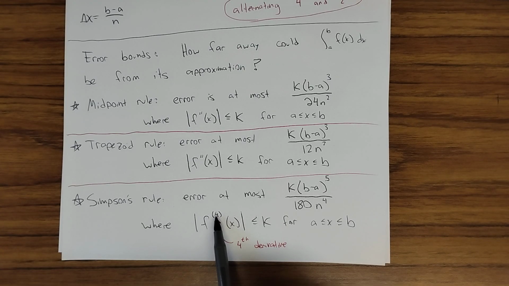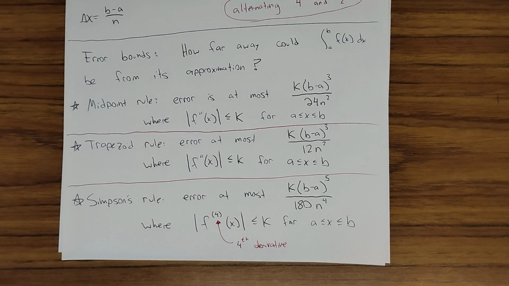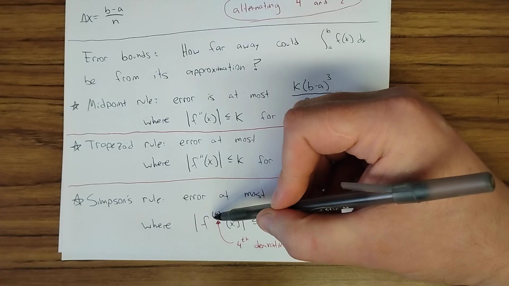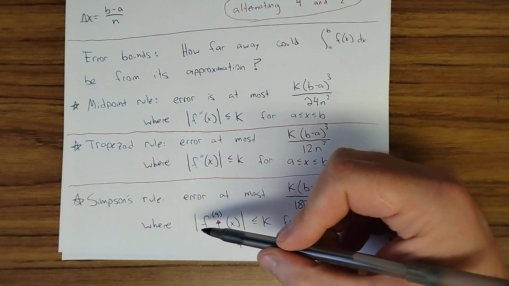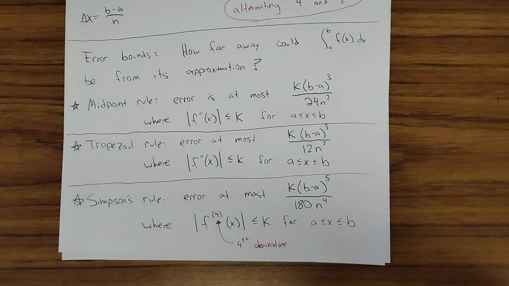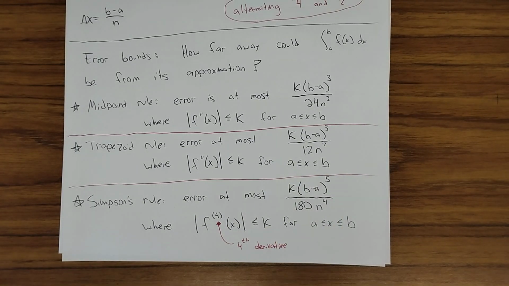When we talk about higher derivatives, we don't write prime, prime, prime, prime, because that gets a little hard on the eyes. So we write parentheses, like this is a notation for the fourth derivative. So as long as the absolute value of the fourth derivative is at most K, for values of x from A to B, the error in Simpson's rule is at most this.